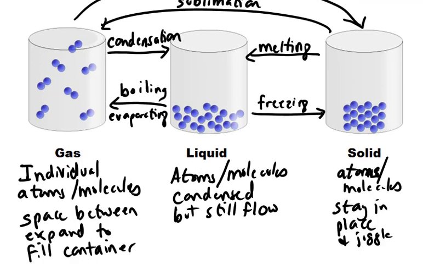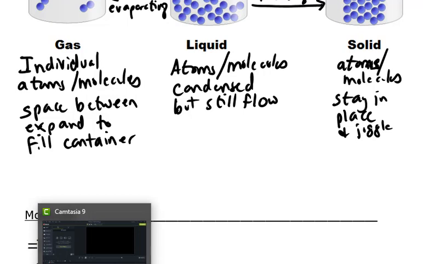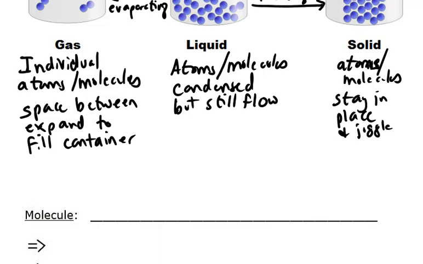Okay, I've used the term molecule here, which I haven't used much before, so I want to define what a molecule is. A molecule is the smallest unit of a group of atoms that are bonded together.